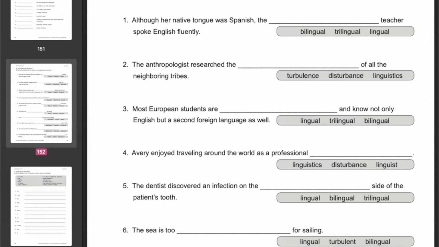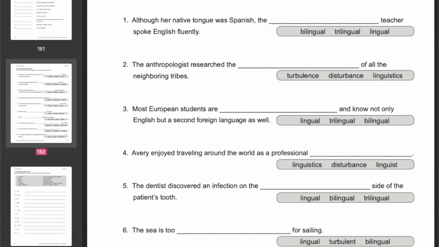One other sentence that we could do is research the turbulence between the neighboring tribes. If this was worded in this way, it's also a sentence that could be appropriate, because sometimes there are, say, I guess rivalries between different tribes that are researched by anthropologists as well.